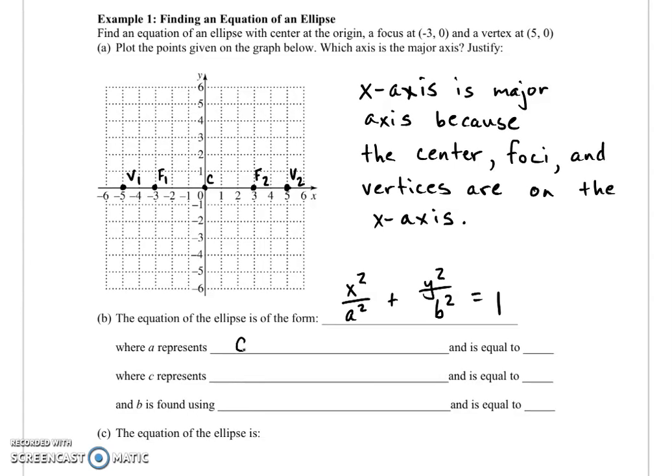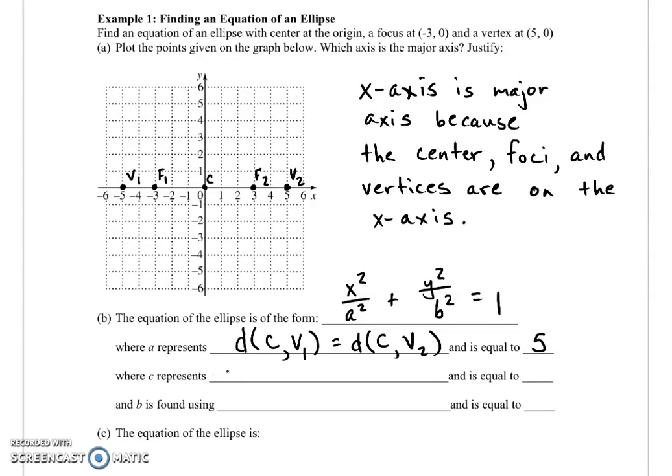A represents the distance from the center to the vertex, and that's from the center to either vertex. And in this case, how far is that? Well, let's just count. 1, 2, 3, 4, 5. So A is equal to 5.